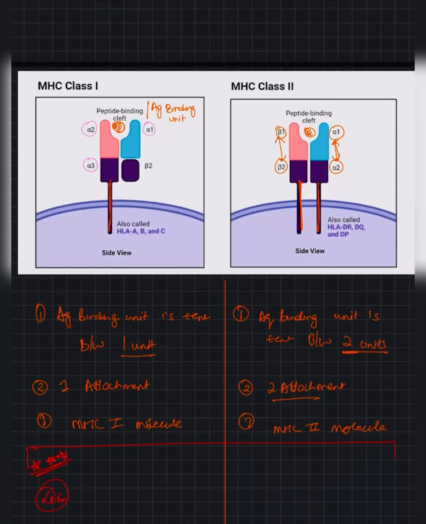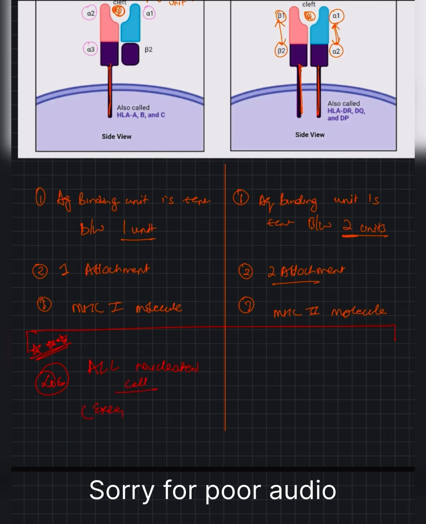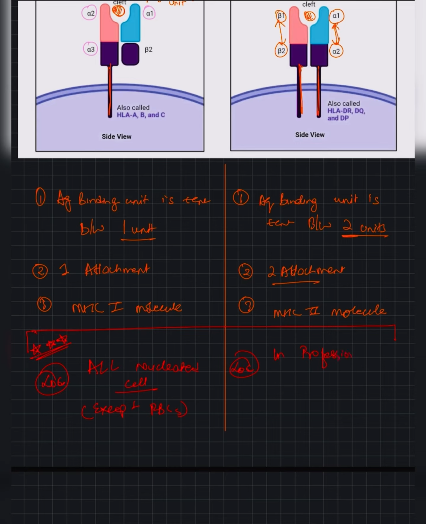The MHC1 molecule will be present in all nucleated cells. It means not in RBCs. And the MHC2 molecule will be present in professional antigen presenting cells.